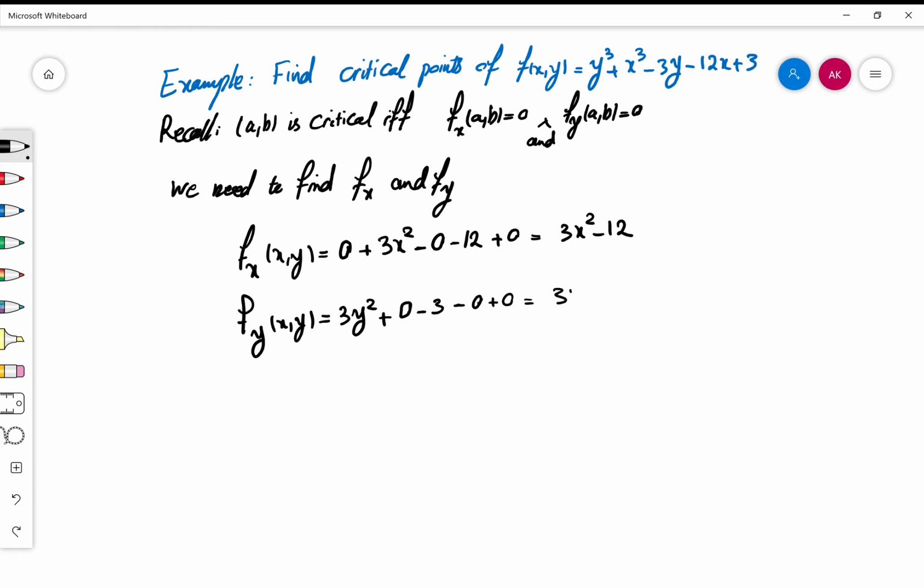So we get 3y squared minus 3. Very nice.